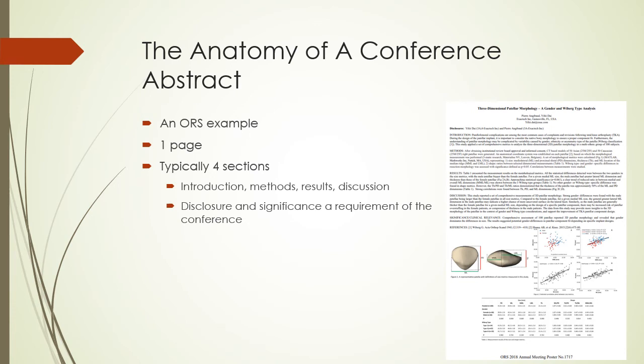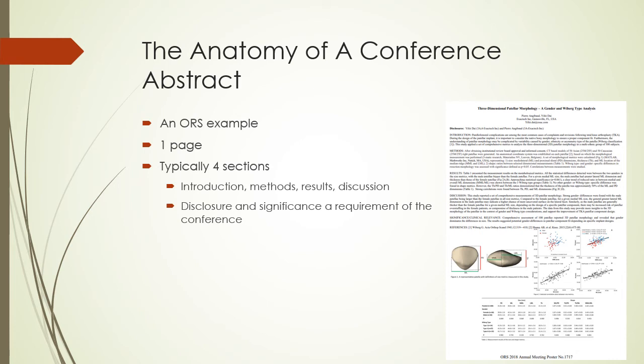So what about the conference abstract you're going to submit? I'm going to share a little bit of the anatomy of a conference abstract. Here is an ORS example, one of my abstracts back in 2018.